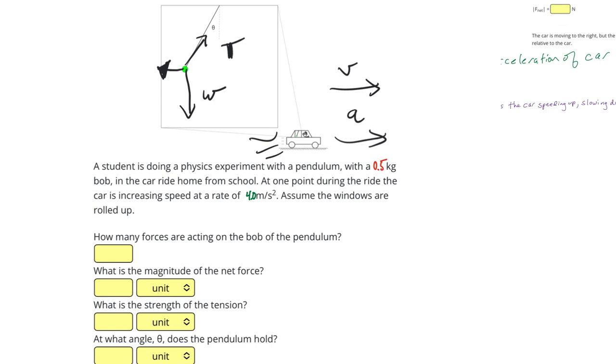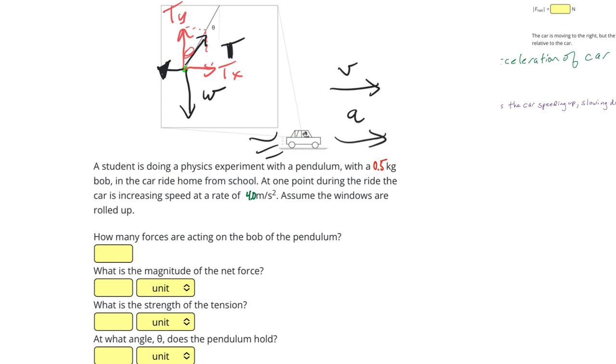So let's see, we break this up into X and Y components. This be Ty, this be Tx. And that angle there would be the same as that angle. Okay.